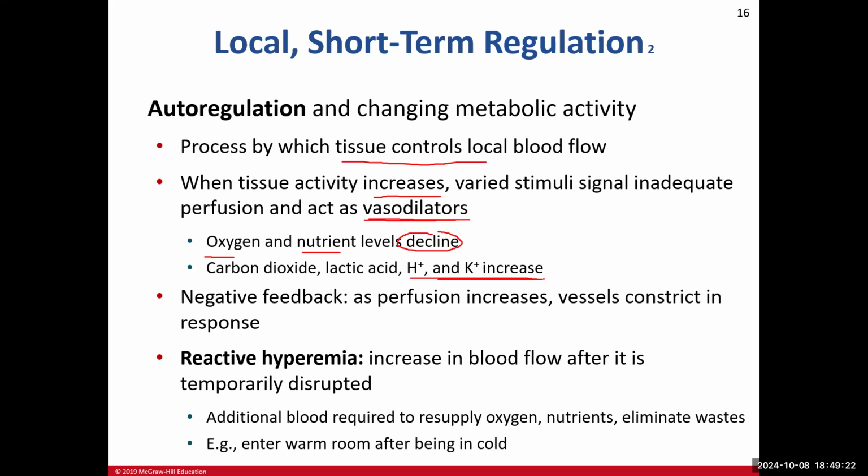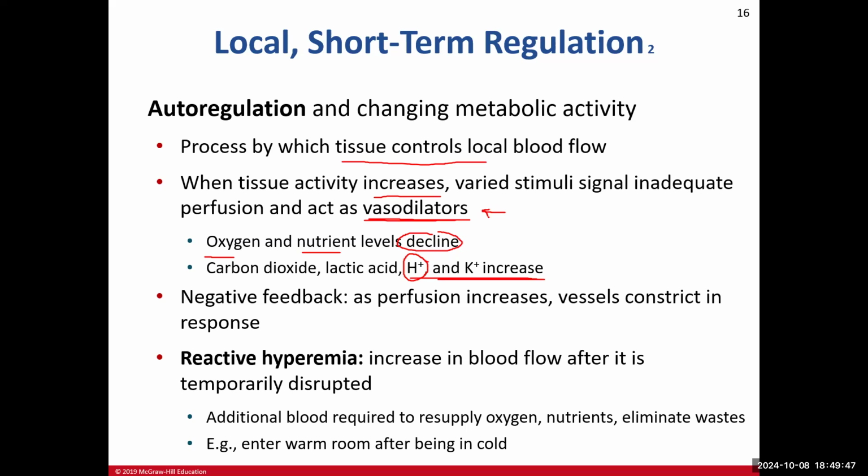Usually it accumulates in the muscle tissue and causes that soreness sensation. But carbon dioxide, lactic acid, hydrogen ions, and also potassium, if those increase, will also act as a vasodilator, and so they'll increase tissue perfusion through blood flow.